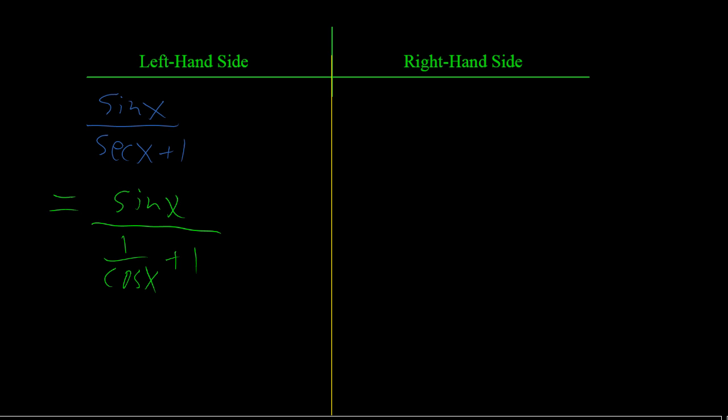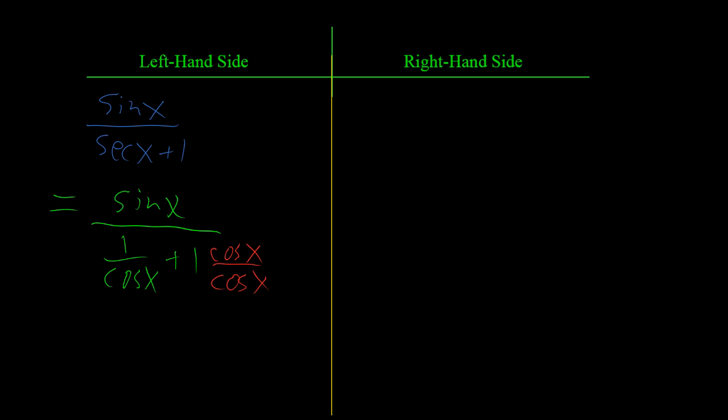Now I'm allowed to multiply by 1, so I'm going to get a common denominator of cos x over cos x. And if we had to identify non-permissible values here, remember you can't divide by 0, so you'd have to figure out cos of x cannot equal 0, and what's your restriction. But we don't have to figure that out.